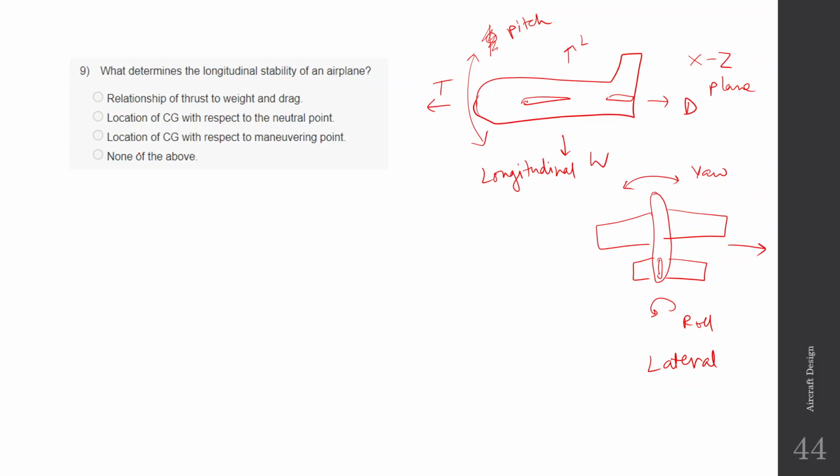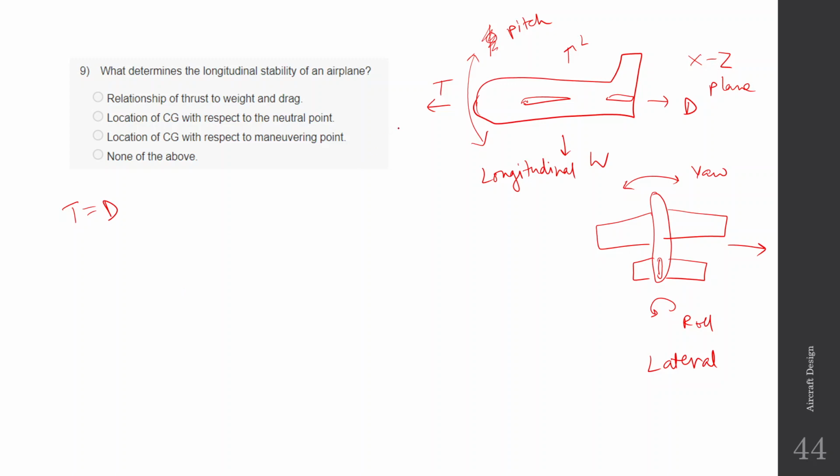For longitudinal stability, the position of the center of gravity is very important. The first point given here, relationship of thrust to weight and drag, is not really very important. We only know that for cruise condition your thrust is equal to drag.